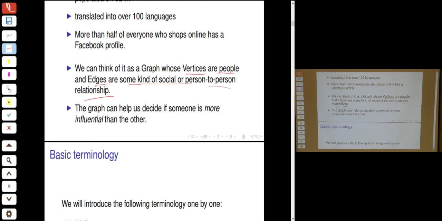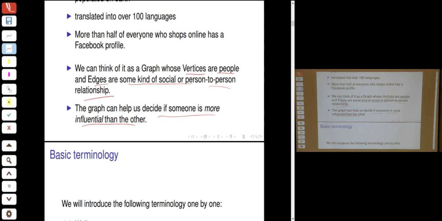And the graph can, for example, help us decide if someone is more influential than the other. So, for example, if there is a particular vertex which is on Facebook, there is a particular user who is friends with a lot of people. If you translate this in terms of graphs, there will be a lot of edges, a lot of vertices sharing an edge with this particular vertex.